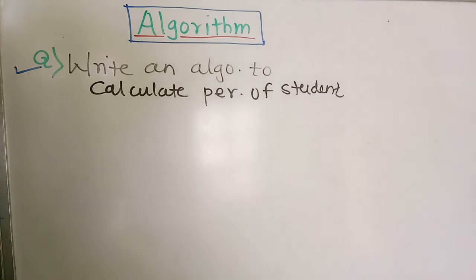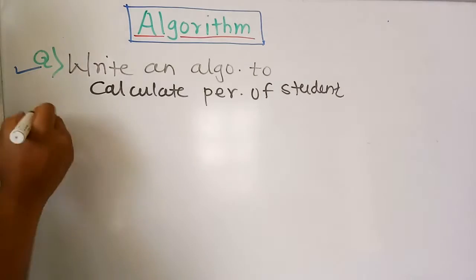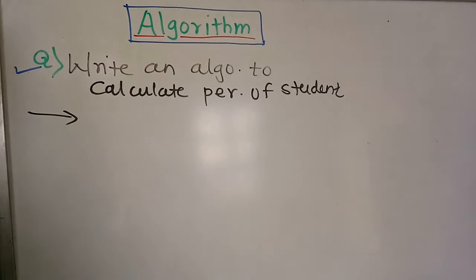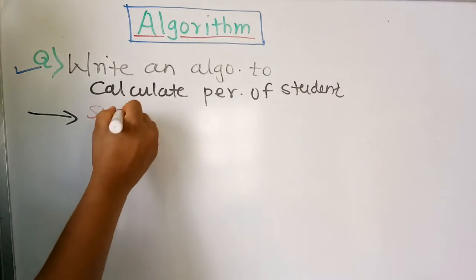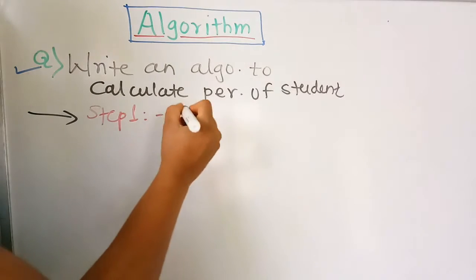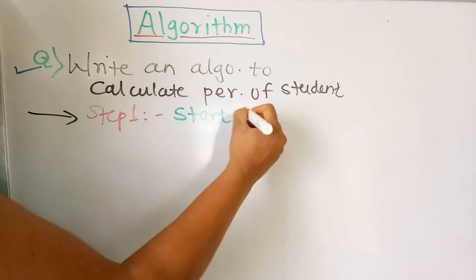So we will start with the mechanism like this: we will accept 6 subject marks, make their total, then take their percentage by calculating with the formula, and print it. Okay. So how will we start? We will start with the first step, that is nothing but start the procedure.